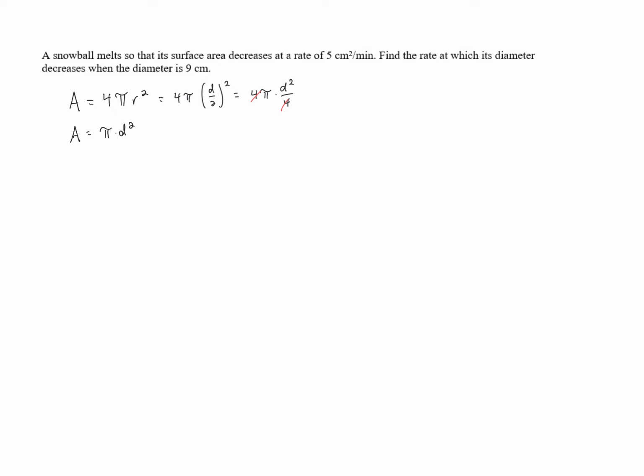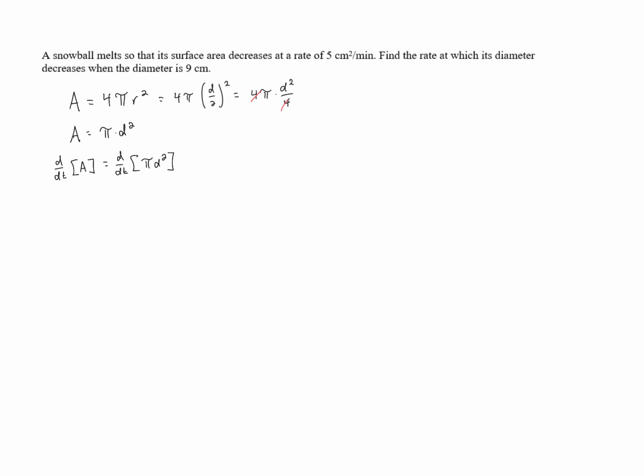Once we have that, we can differentiate both of these with respect to time, and that will give us the relationship between the rates. So let's differentiate both sides with respect to time. So that's d over dt of pi d squared.